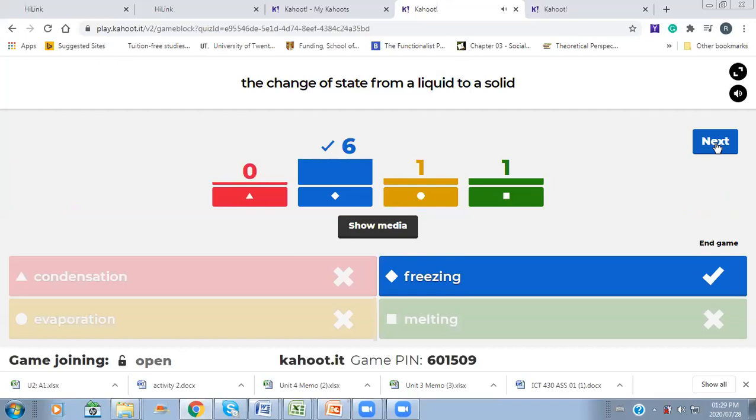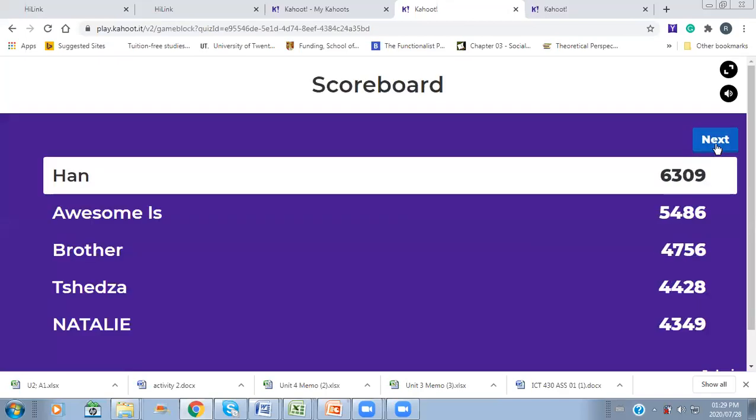All right. So here is freezing and all of us got it right. Only one person answered melting and then evaporation. Let's go to the next.